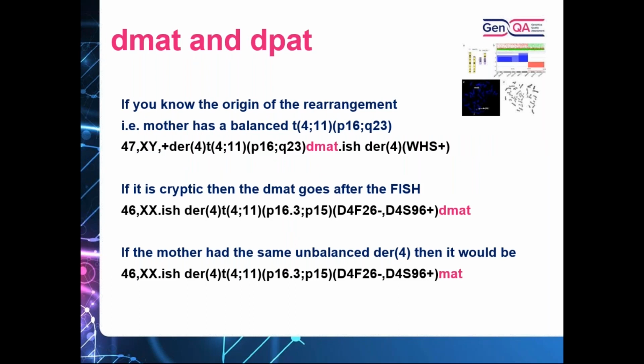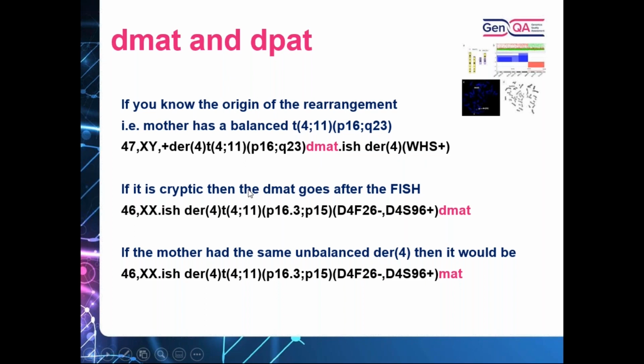So when to use dmat and dpat? If you know the origin of the rearrangement, let's assume the child has got the unbalanced karyotype here, just to make it clear, and the mother has a balanced t(4;11). So if you know mother has a balanced rearrangement and the child's got the unbalanced, you put dmat before the FISH.